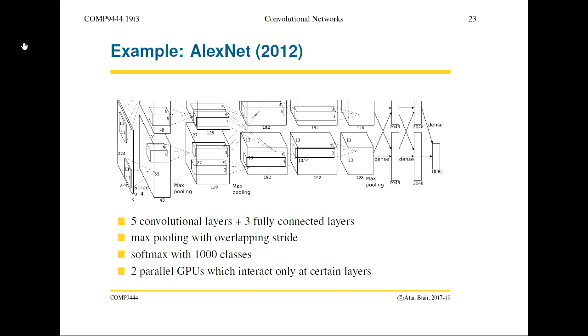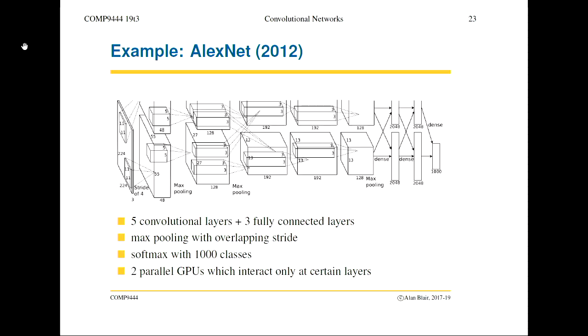Then you apply max pooling first, and afterwards you have another convolutional layer with 5 by 5 filters, 128 of those, happening on both GPUs.